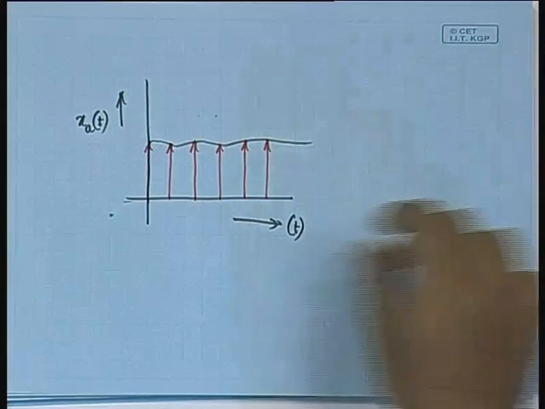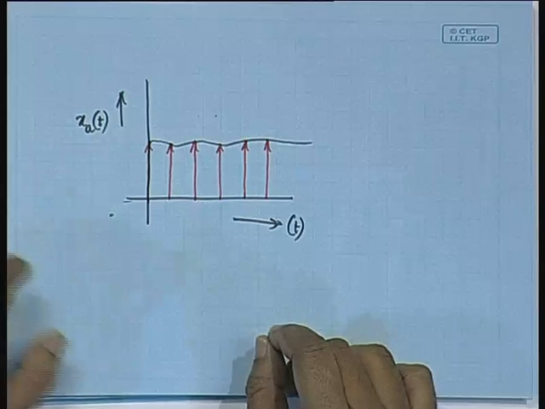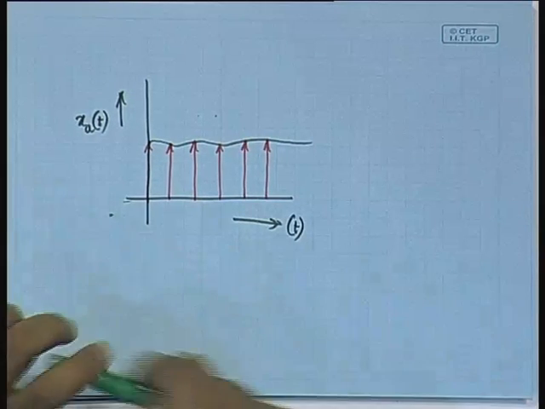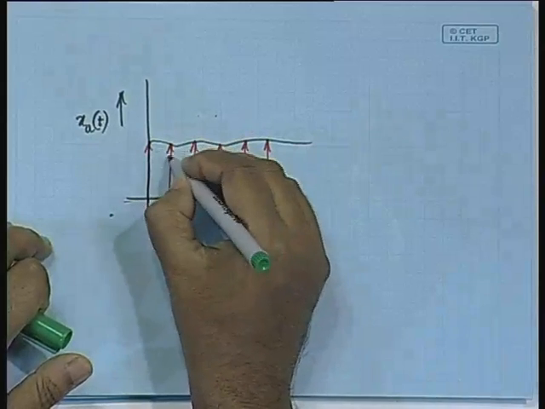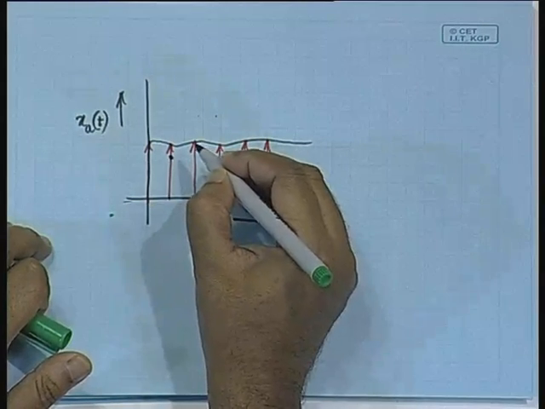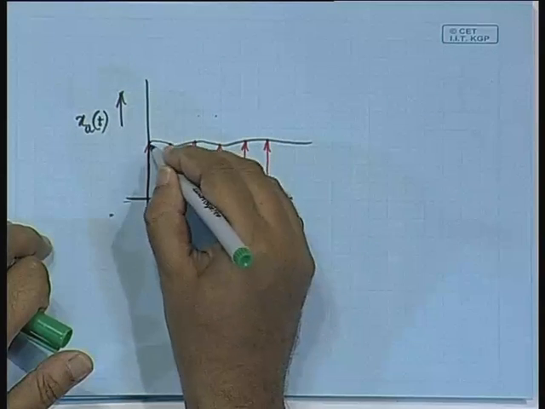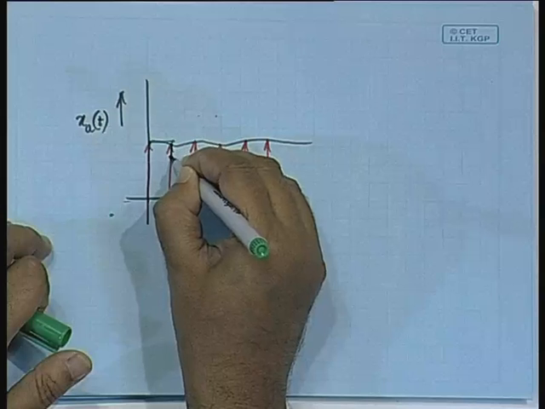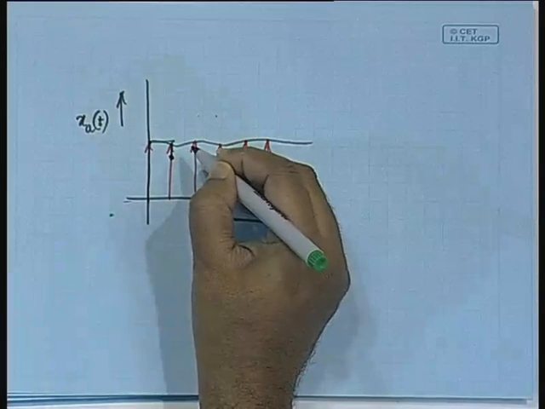So, what we are going to have is that because the signal has reduced, we are going to predict this sample as this. So, this will be the predicted value. So, we are going to have it like this, then this will be the predicted sample.